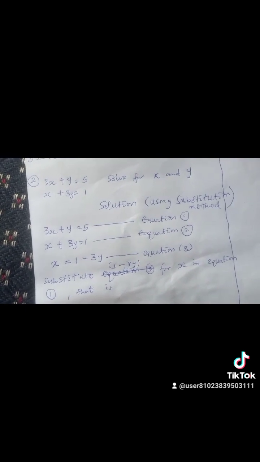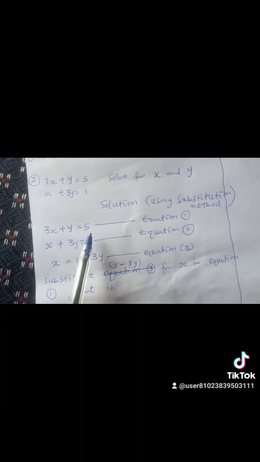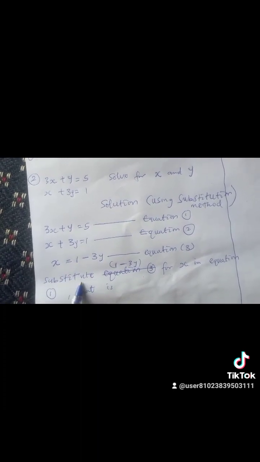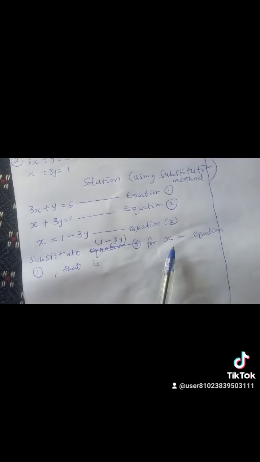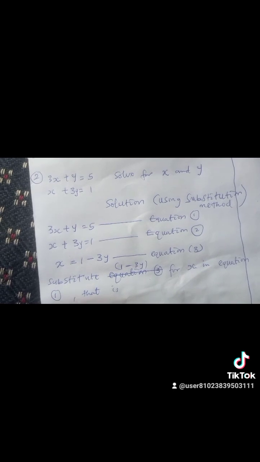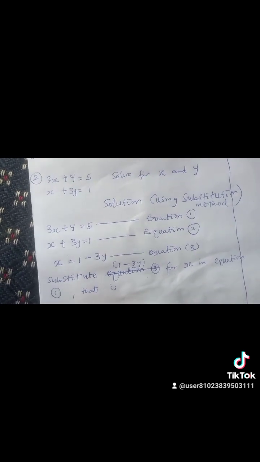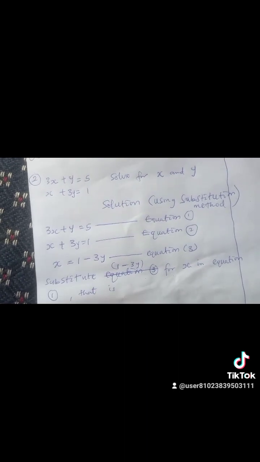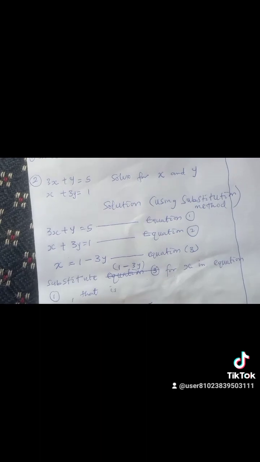Remember, equation 1 is 3x plus y equals 5. Now here says substitute 1 minus 3y for x in equation 1. That is 3 into bracket 1 minus 3y, bracket close, plus y equals 5.